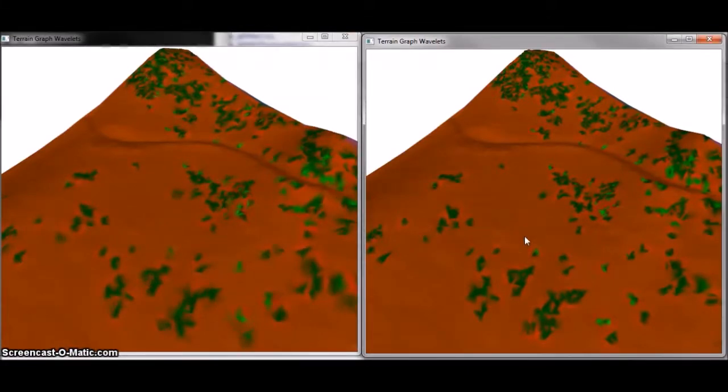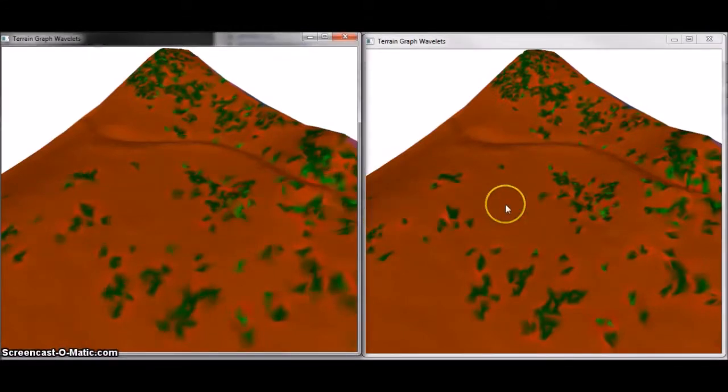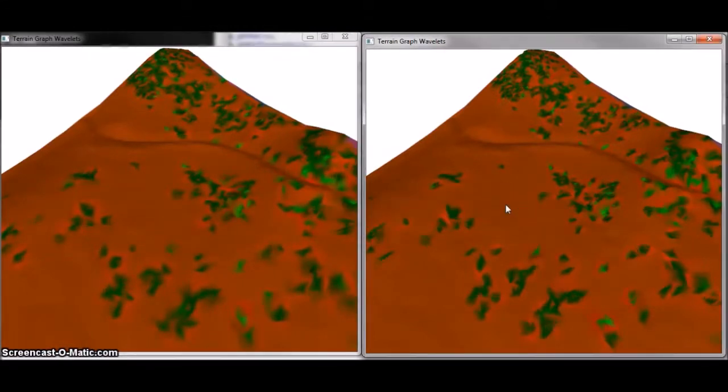Please notice the light green vegetation formations and focus on what happens to them during a sequence of 7 downsampling steps.